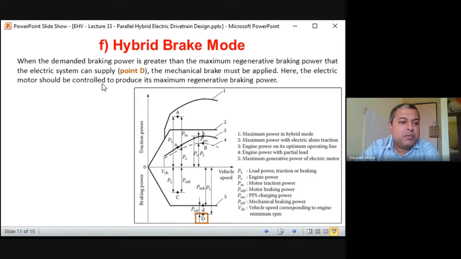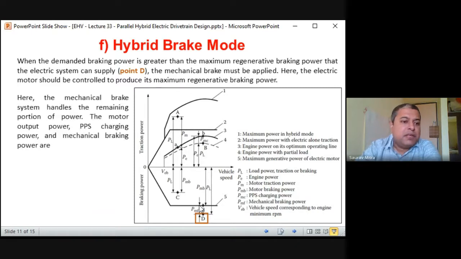Here the electric motor should be controlled to produce the maximum regenerative braking power, so PMB is maximum. In the previous case, PMB was not maximum, PMB was less, so PL was equal to PMB. In this case, PL, the required power for braking, is equal to PMB plus PMF. The mechanical brake system handles the remaining portion of the power.